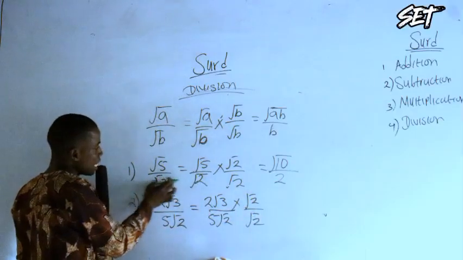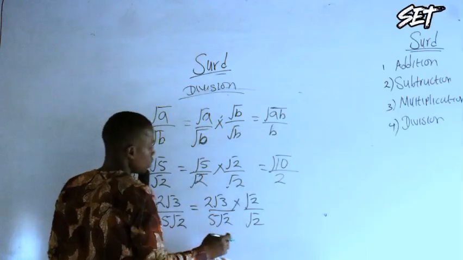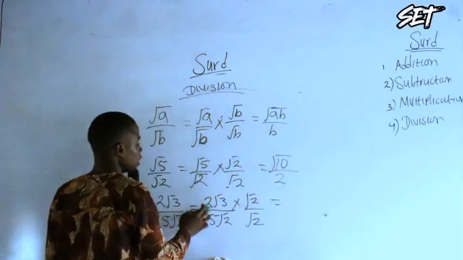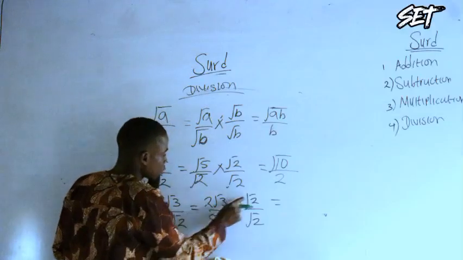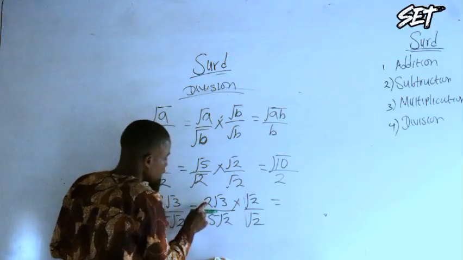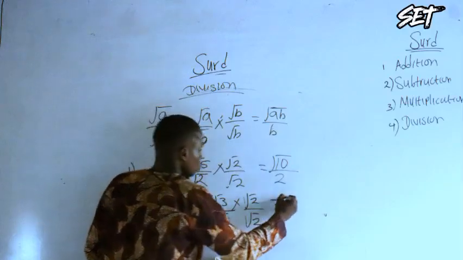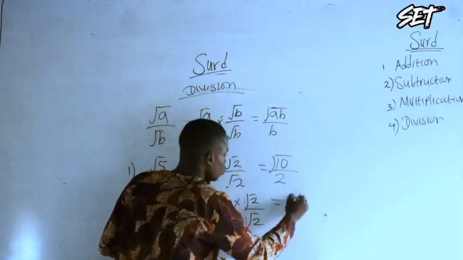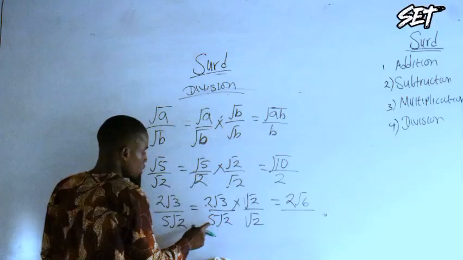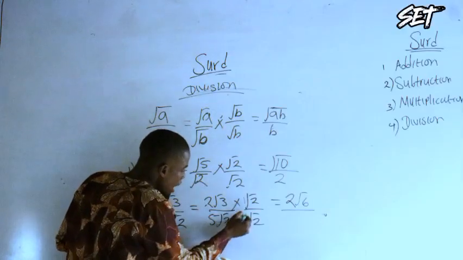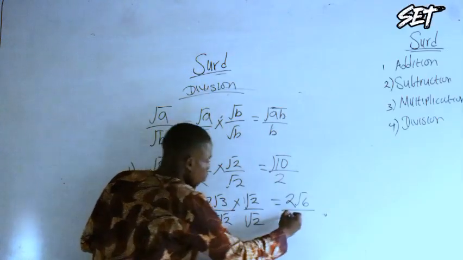As the way I did it here, I did it twice. This one times 1, this one has an invisible 1. This one times this is 2, and this one times this is root 6.